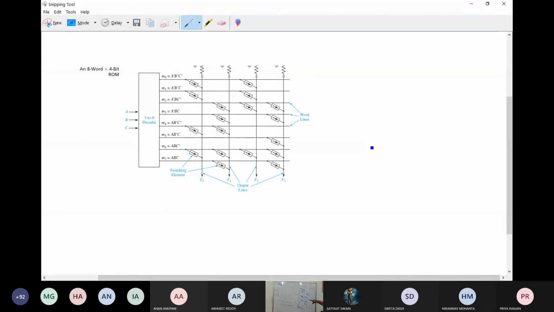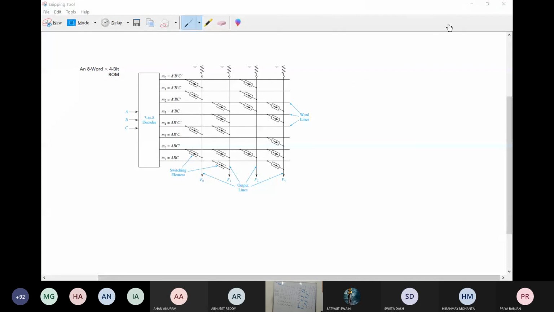And did you see here? I am telling about switching elements here. Okay, switching elements are devices. Again, I am showing these switching elements are devices. So, how have devices entered into memory? Okay, don't bother.